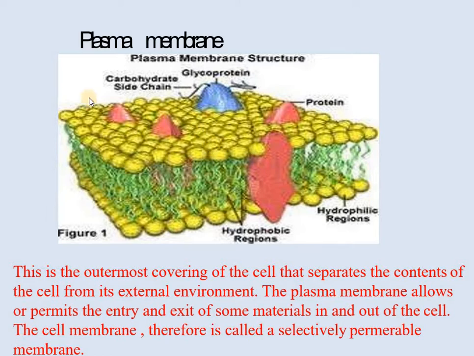Now this is the molecular structure of the plasma membrane, and the best part of it is that it can be explained with the help of the fluid mosaic model.